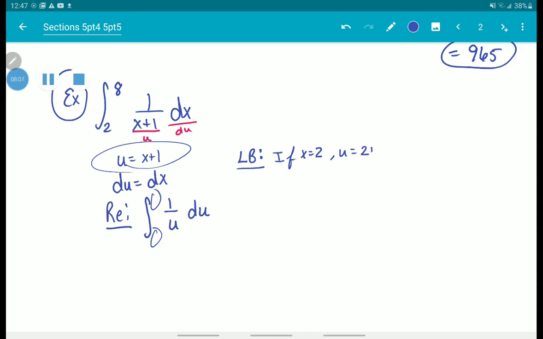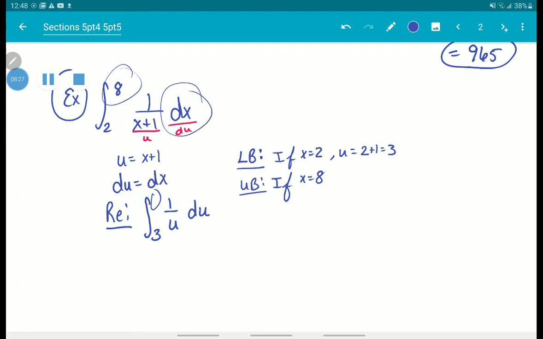So 2 plus 1, which is 3. And then we have to do the same thing with the upper bound. We're just substituting it into our u substitution. So if x was 8, because that's what we were given in the world of x, then what's u going to be? Well, if I plug 8 in here, I'm going to get 8 plus 1, which is 9.